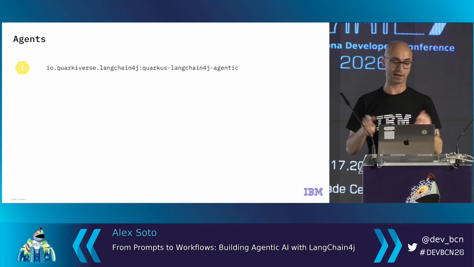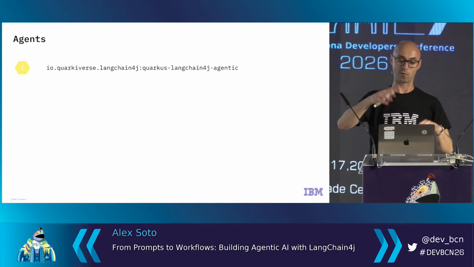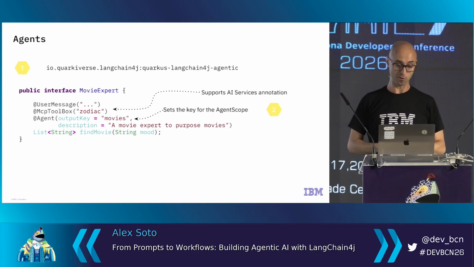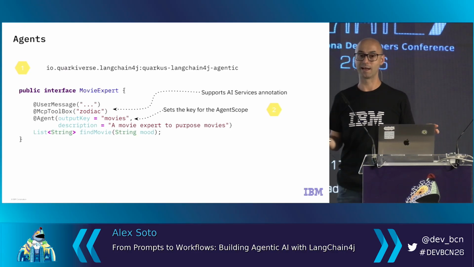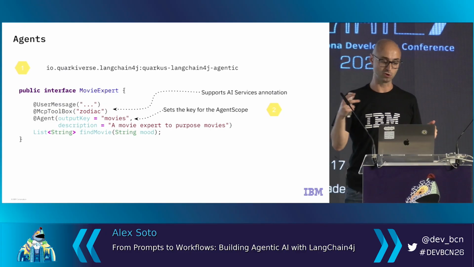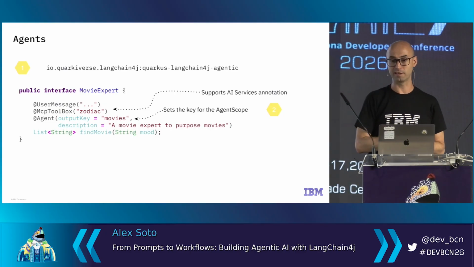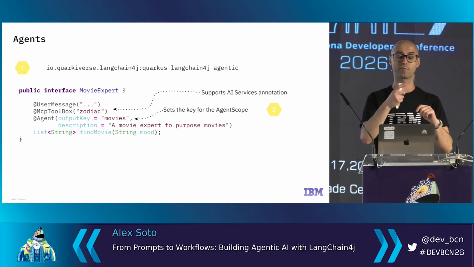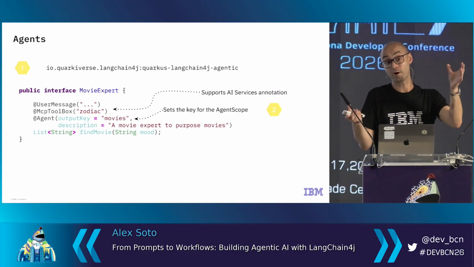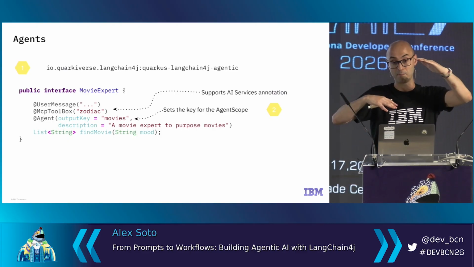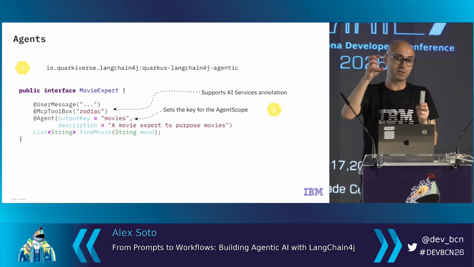Add the dependency, again, LangChain4j Agentic or Quarkus LangChain4j Agentic. Now, instead of using register AI service or anything, you use the agent annotation. You can also use the AI services annotations that we've seen before, user message, MCP toolbox, and so on. And then in the agent, you set the output key, because at the end, you're running several agents at some point, maybe in parallel, so you need to know the output of each agent.